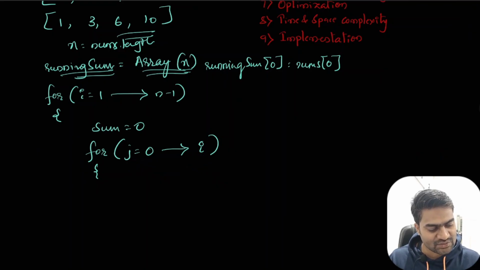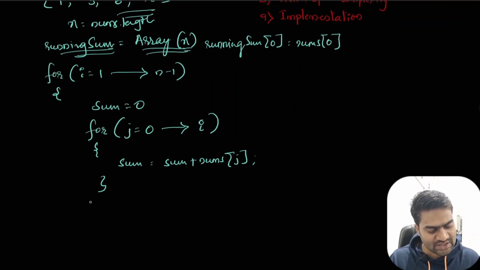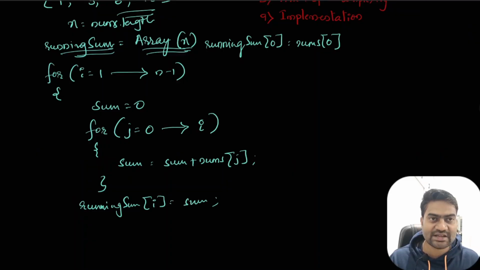I will say sum equal to sum plus nums[j]. This will give us the sum. Then at the end, I will say runningSum[i] equal to this sum. Finally, I will return my running sum array.